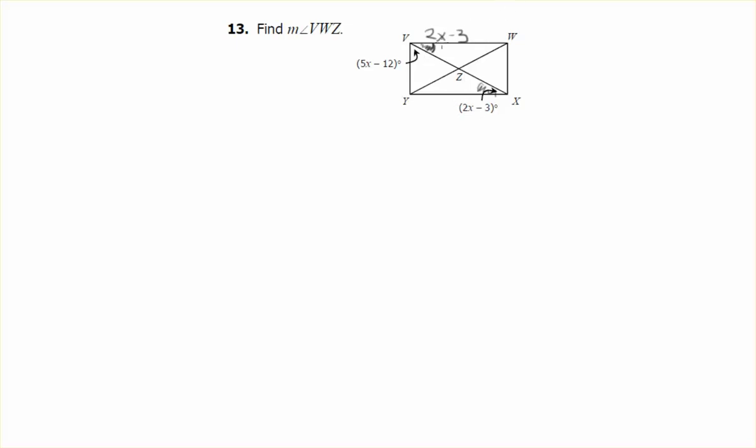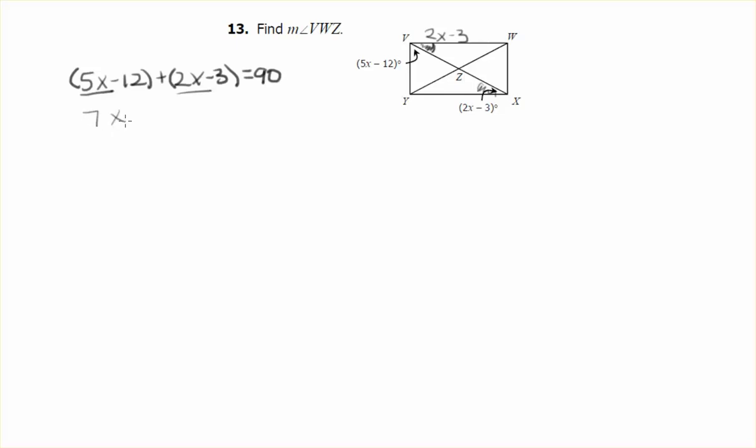So then we know that this whole angle V should equal 90 degrees, because a rectangle has 4 90-degree angles. So these two parts added together should equal 90. So I can say 5x minus 12 plus 2x minus 3 should equal 90 degrees. So those two angles are complementary angles. So again, we're going to combine like terms first to solve.